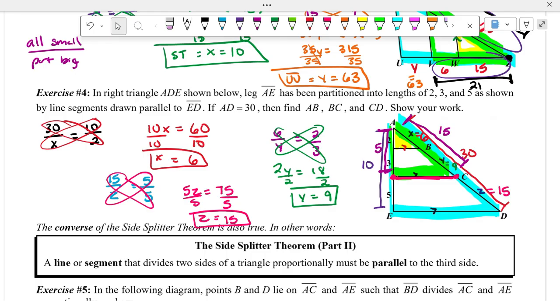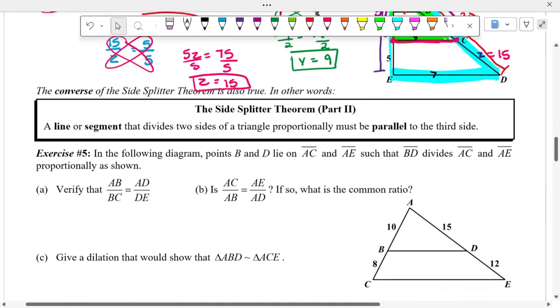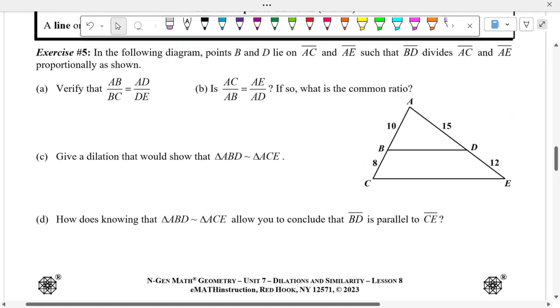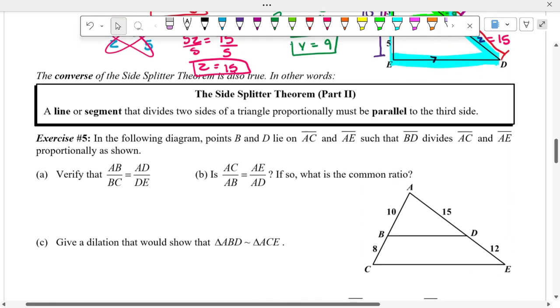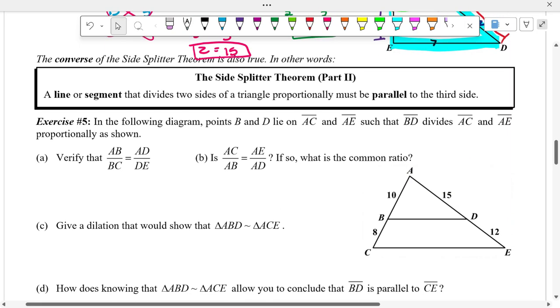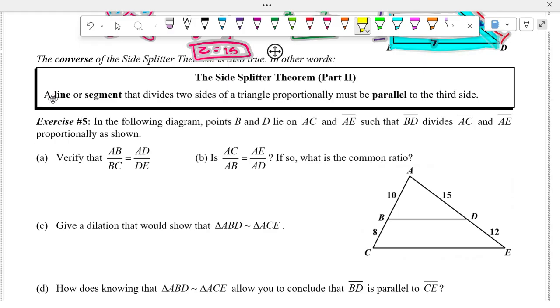So does everyone understand how to set up these proportions? Again, use color or different markings to your advantage, because again, it gets confusing very, very quickly. Now, the last thing you need to know about side splitter theorem, and we'll do this quickly, is that if a line or segment divides 2 sides of a triangle proportionally, then it must be parallel to the third side.